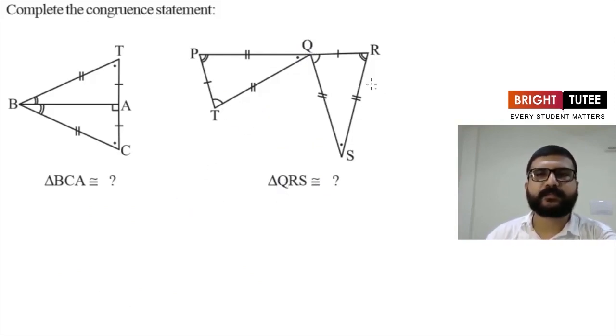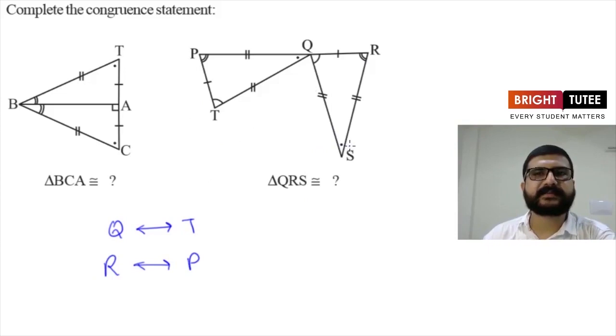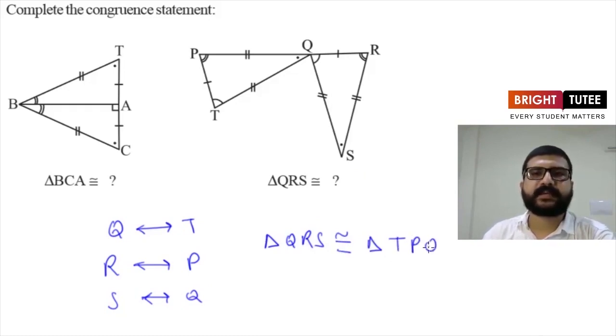First we have written Q. This angle Q is equal to angle T, so Q corresponds to T. Then we have R. Angle R is equal to angle P, so R corresponds to P. Then we have S. This angle S is equal to angle Q, so S corresponds to Q. So we can say triangle QRS is congruent to triangle TPQ. This is how we can write the congruence relation.